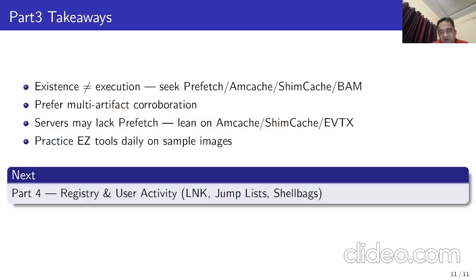So what is the takeaway from this? Existence is not equal to execution. A collaboration server may lack prefetch, so practice the EZ tools daily. PECmd, which you have seen, gives the timeline. BAM is similar, but it gives the path information.